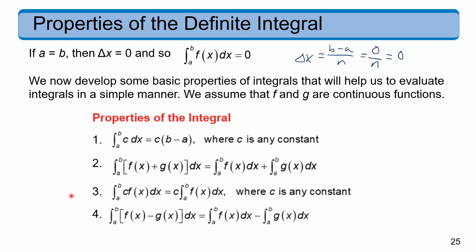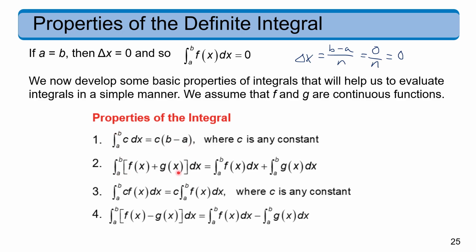Now here's a list of 4 properties that we're going to go through next. For these properties, we will assume f and g are continuous because that guarantees they're integrable. So let's just read through them quickly. The integral of a constant from a to b is equal to c times b minus a.